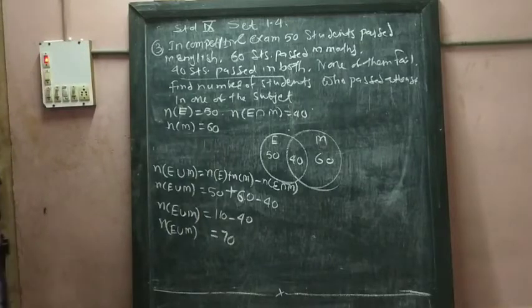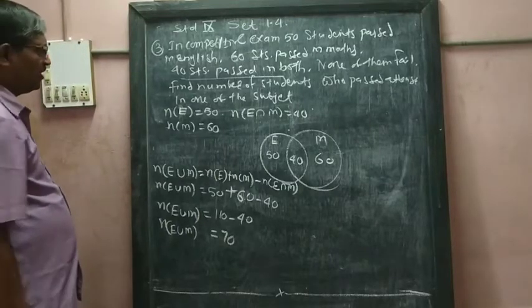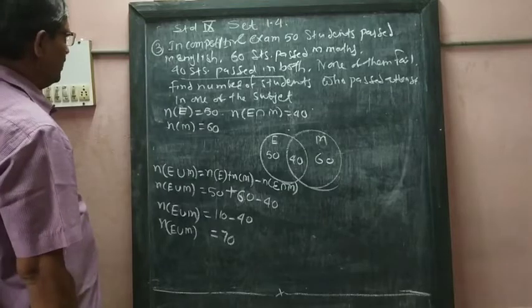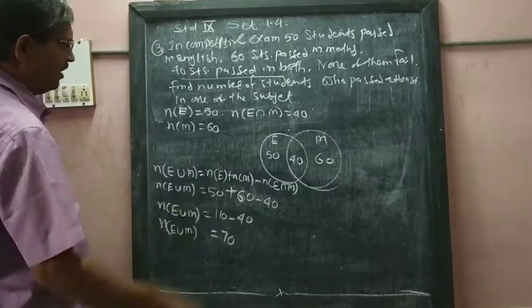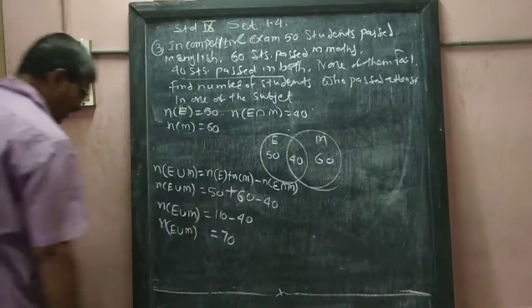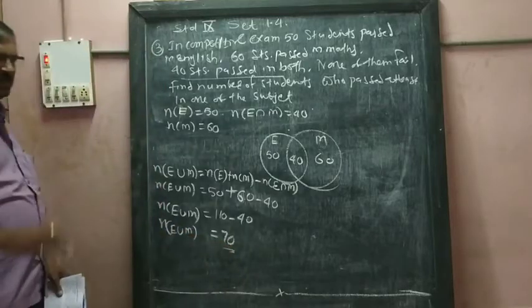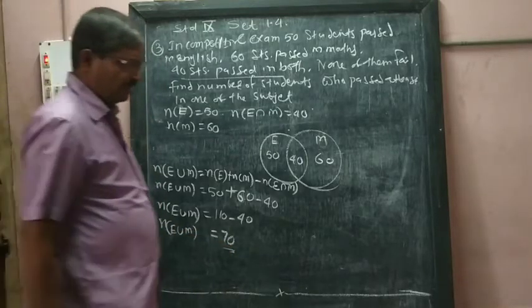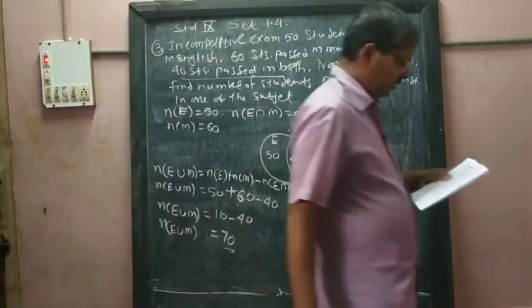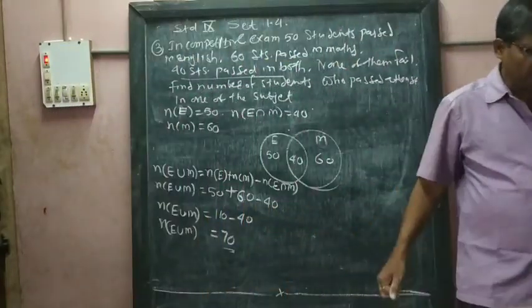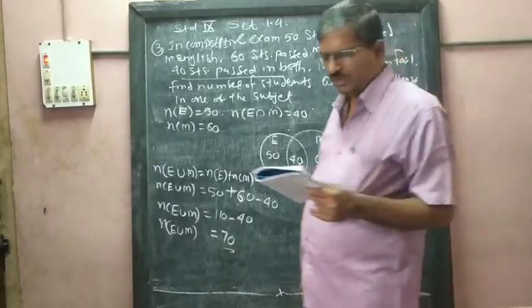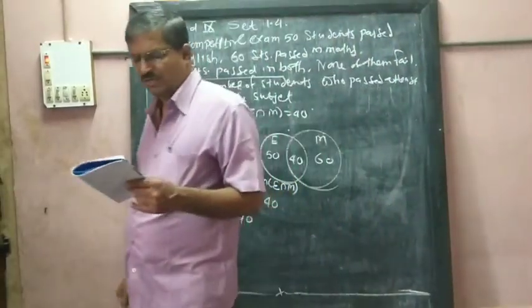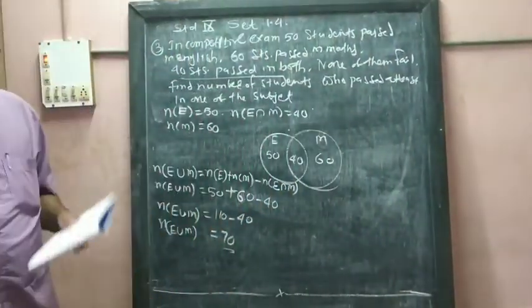Okay. What do you understand? What is the question asked? Find the number of students who passed at least in one of the subjects. It means 70 students passed in one of the subjects. Any problem here? If you don't have a problem, then you may write this answer. You may check whether it is understood or not, and then we will go to the next question.